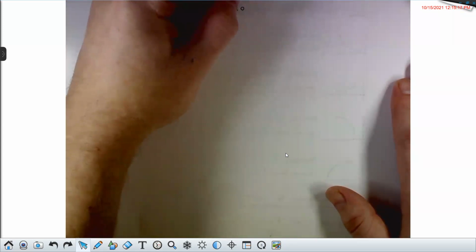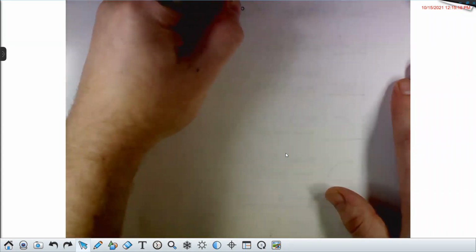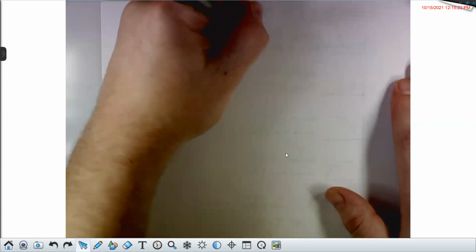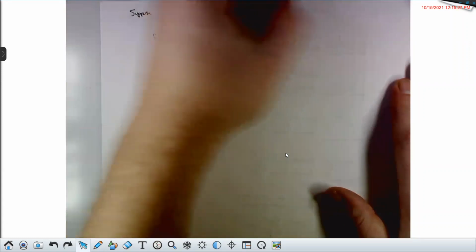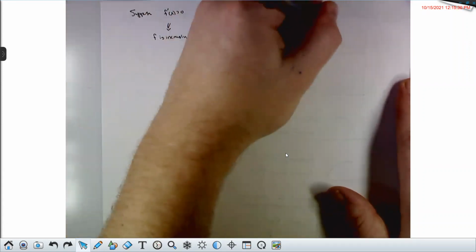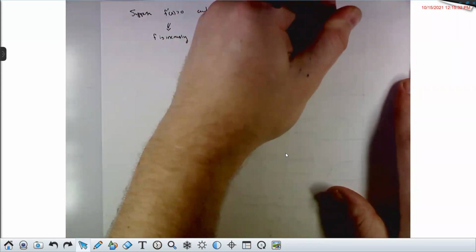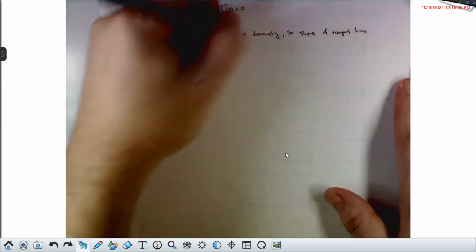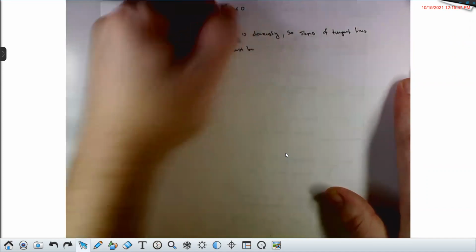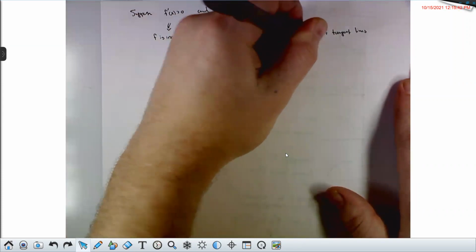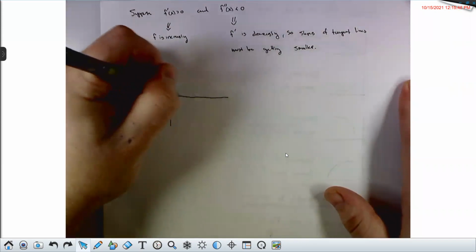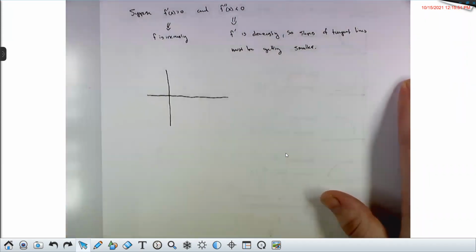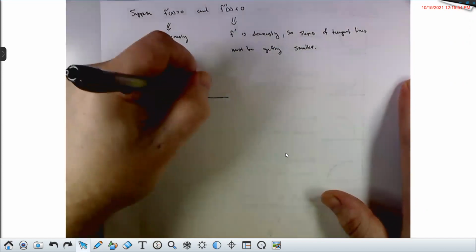Since f double prime is negative, that means f prime is decreasing. So the slopes of the tangent lines must be getting smaller. So again, I'll draw a graph just based on the tangent slopes. Again, I'll tick off some x values here.